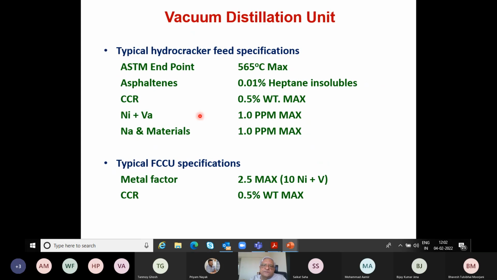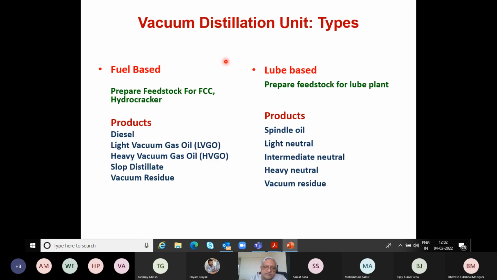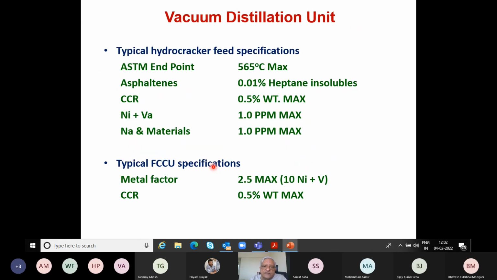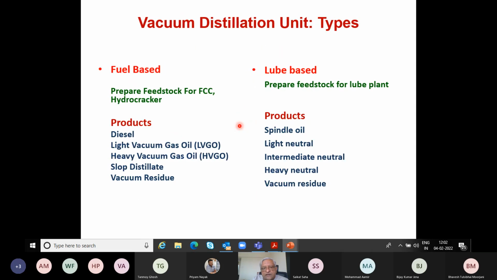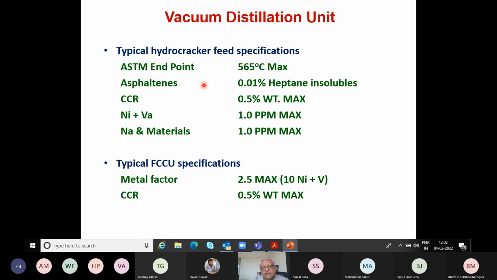These are the typical specifications on the light vacuum and heavy vacuum gas oil products. Basically, the specifications, friends, are driven by what kind of impurity level you can tolerate in the downstream process. So if this goes as a feed to the hydrocracker, then we don't allow an ASTM endpoint greater than 565, because otherwise you'll have a significant quantity of asphaltenes and metals coming along.